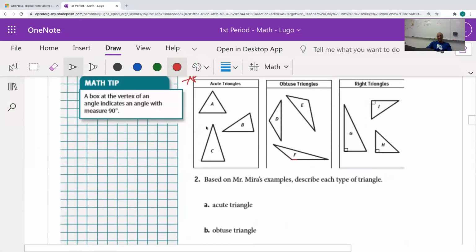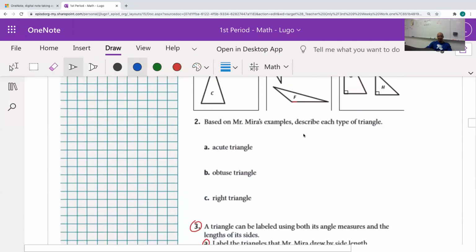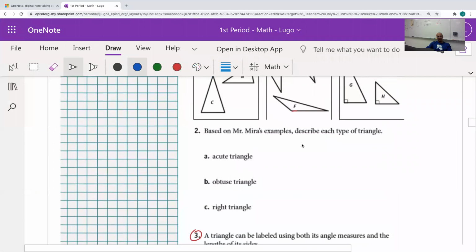So that means that each of these triangles, if I'm going by the sides, I'm going to label as scalene, isosceles, or equilateral.